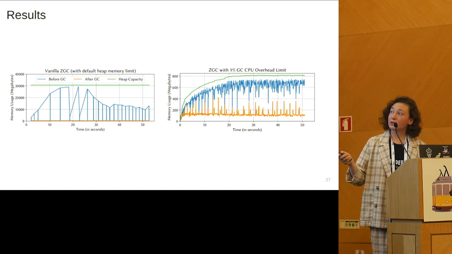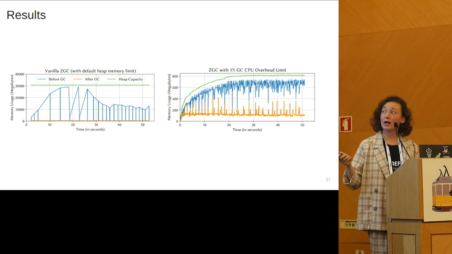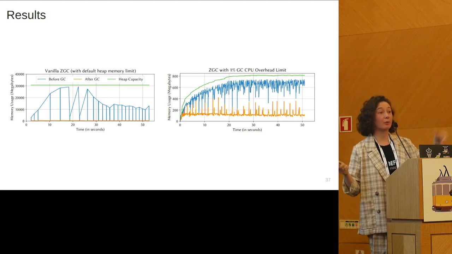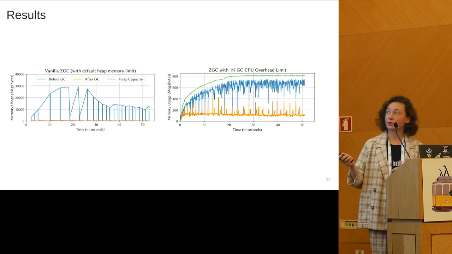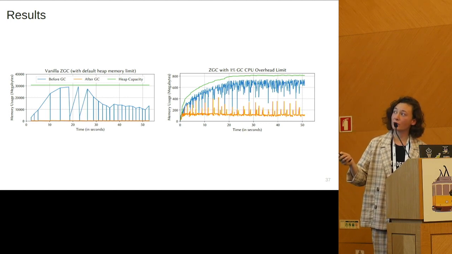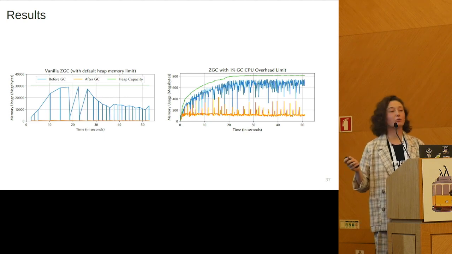Another thing that you barely see, but let me tell you, here we have a maximum of 800 megabytes of memory, while before we had 32 gigabytes. So here we use a lot less. But because we use a lot less memory, we have to run GC way more frequently. That's why you have a lot of blue lines here.